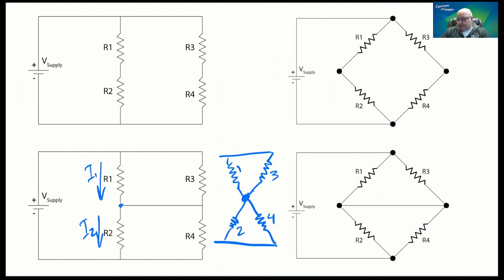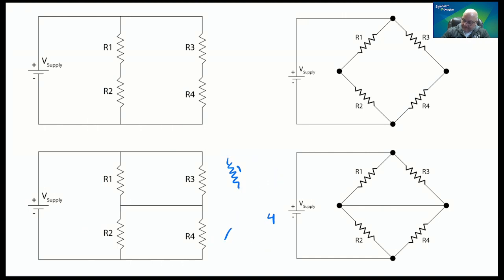Again, it would be your responsibility to identify which resistor is in parallel or in series with which resistor. So if we just very quickly go back, I'm going to delete everything that I have here. If we go back and look at the nodal analysis, if you don't mind, we have one node here.